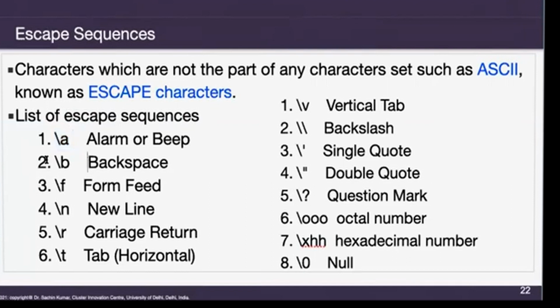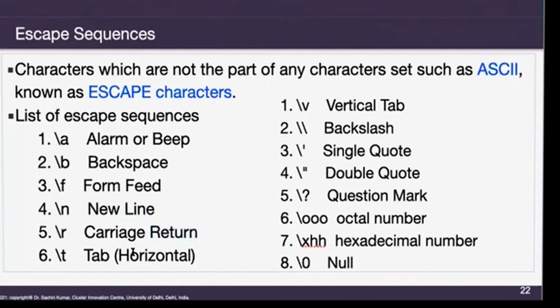Then, if you want to use backspace, you use this symbol; form feed, this symbol; new line, which we are already using, this symbol. If you want to go to the next line, then this is \r, carriage return.